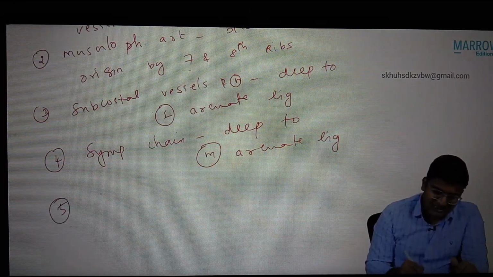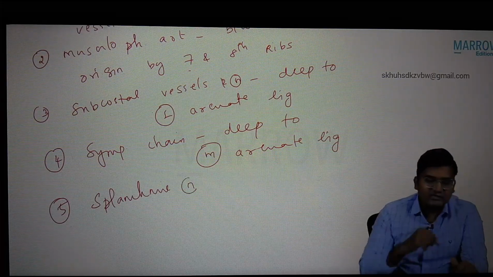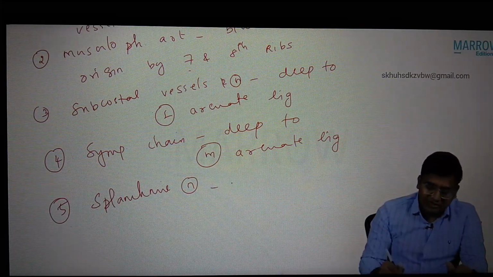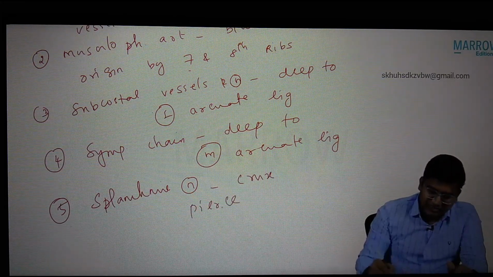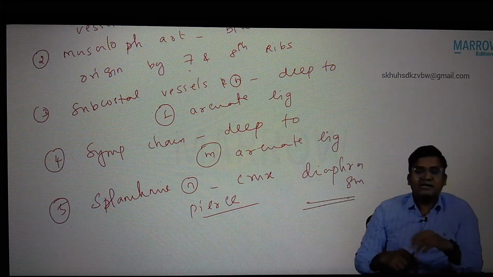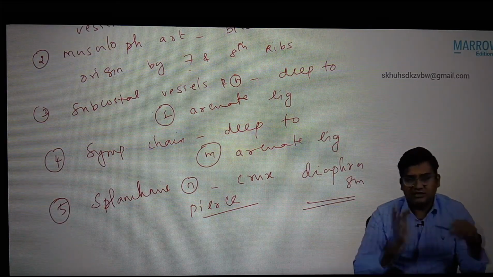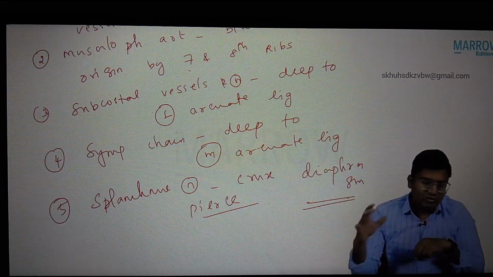Then last are our splanchnic nerves: greater splanchnic nerve, lesser splanchnic nerve, least splanchnic nerve. They enter the abdomen by piercing the crus of the diaphragm, the corresponding right crus or left crus, no? Yes. So these are the minor openings.